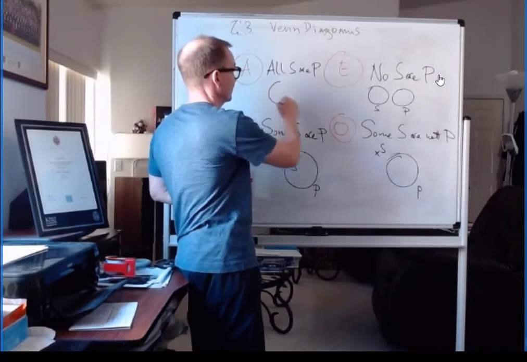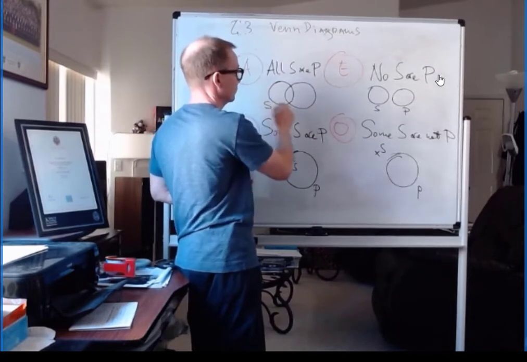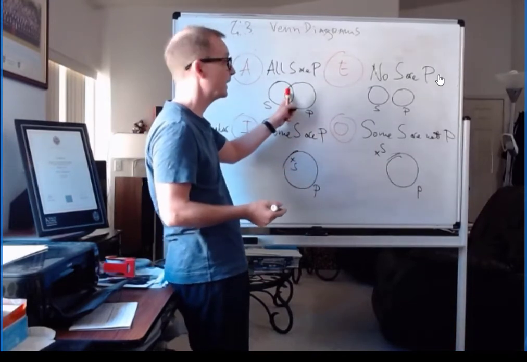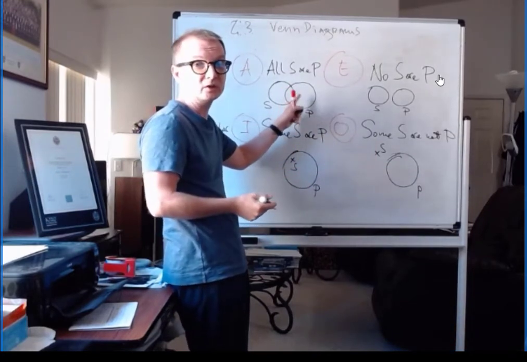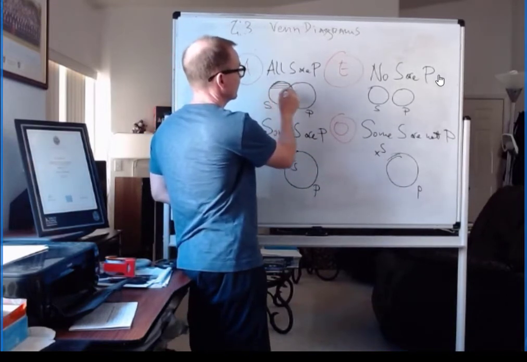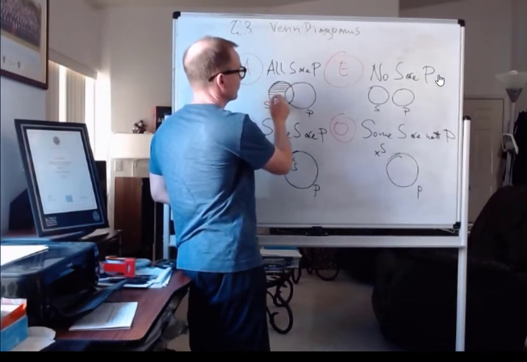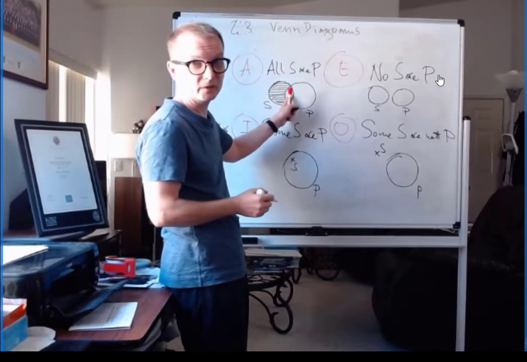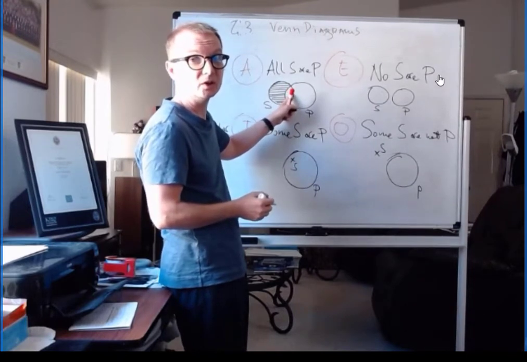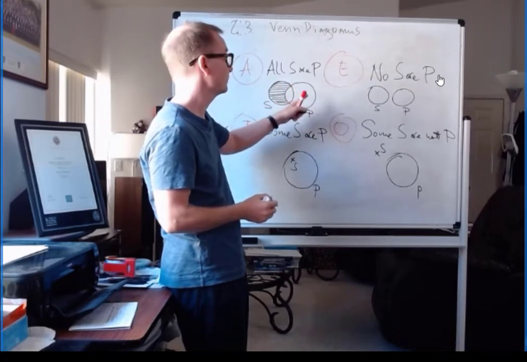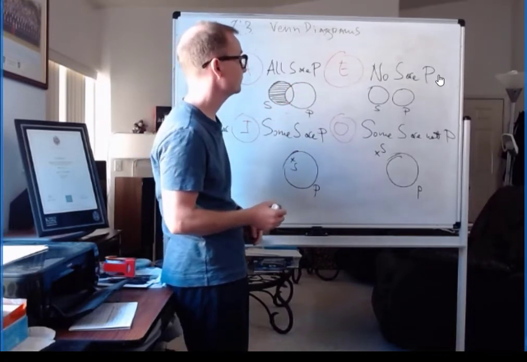If you have a circle S and the circle P, what you actually have to show is that whatever S there may be would be inside P. So you block completely this area here. That means there's nothing there. Note that we don't know if there's anything here, but we are saying if there is something here, that would be both S and P. And here that would be just P.